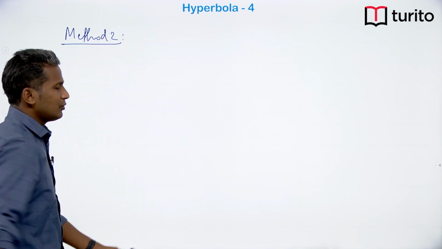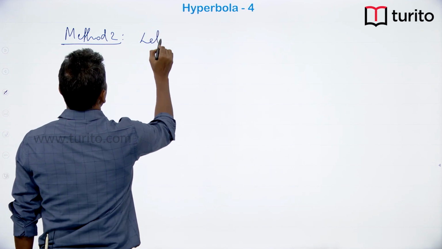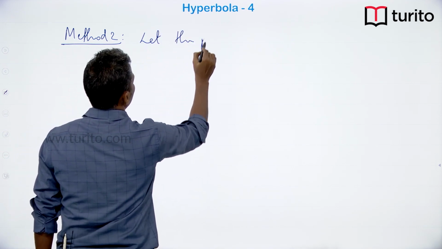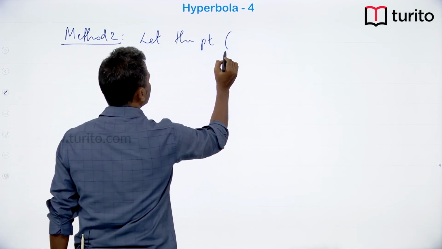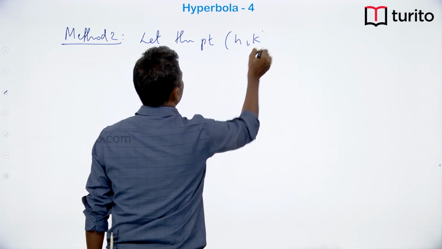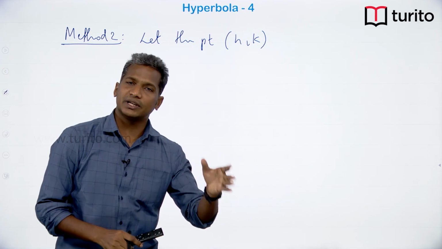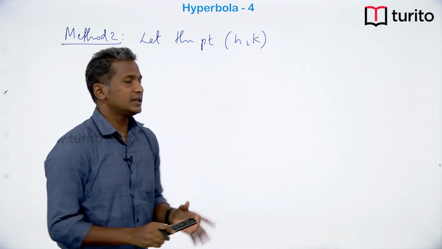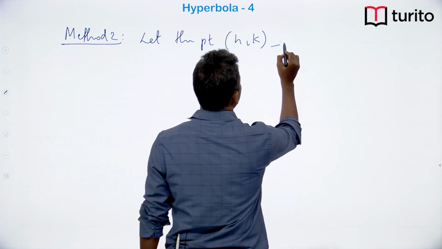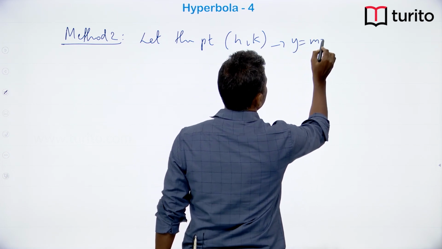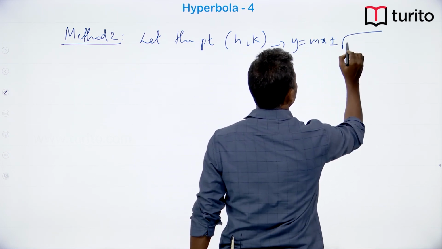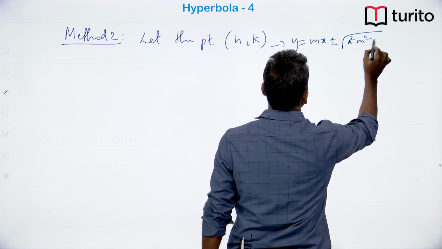So how do we do it? Let the point, of course the locus point, be h comma k. If the point is h comma k, it has to satisfy the equation of the tangent. What is the tangent that we are taking? y equal to mx plus minus root of a square m square minus b square.